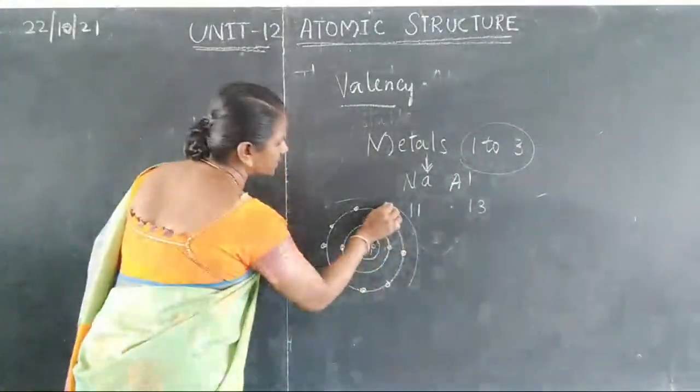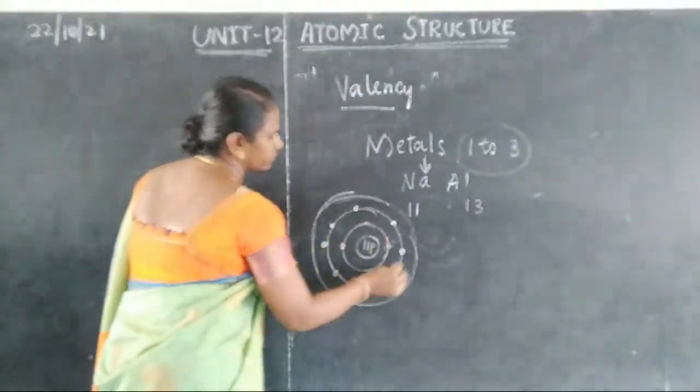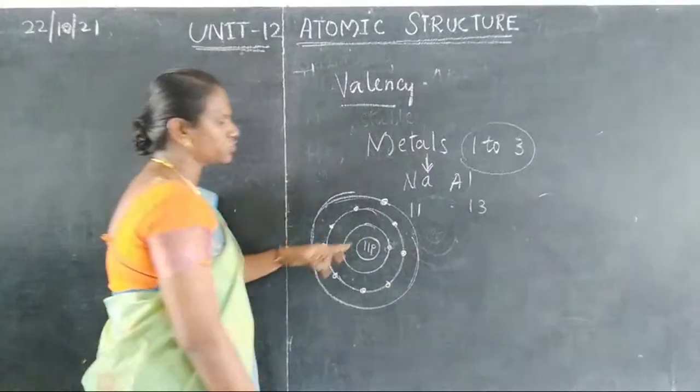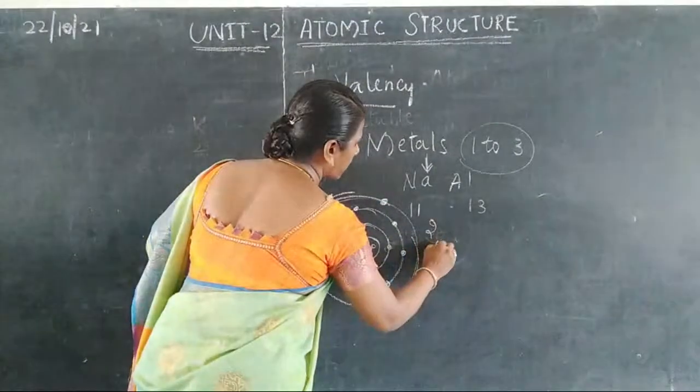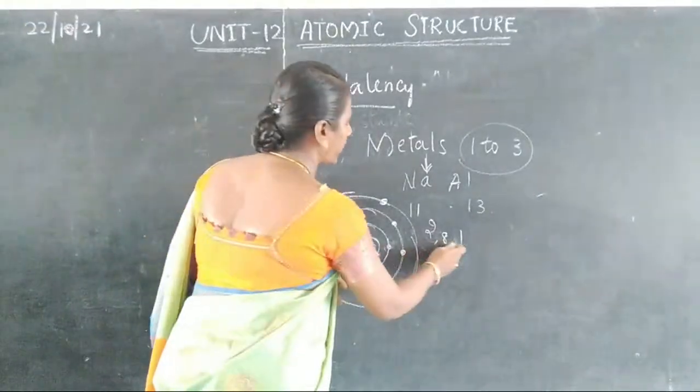The remaining one is present in the M shell, only 1 electron in its outermost shell. So the electronic configuration of sodium is 2, 8, 1.